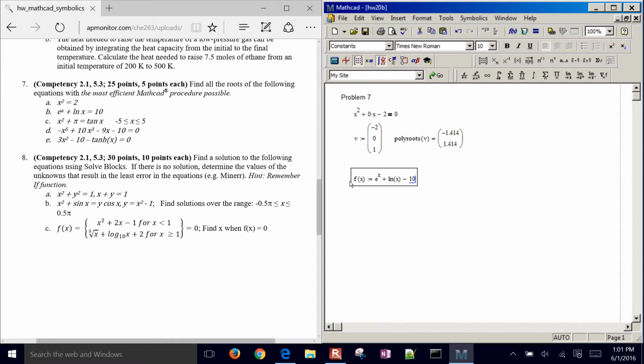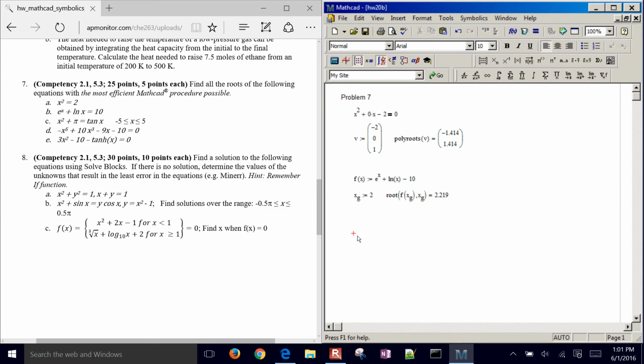Then we have a guess value as well. This is going to determine which root we find if there are multiple. And then I just use root. I can't use polyroots because I don't have a polynomial there. I'll put in the guess value xg, and that will come up with one of my roots.